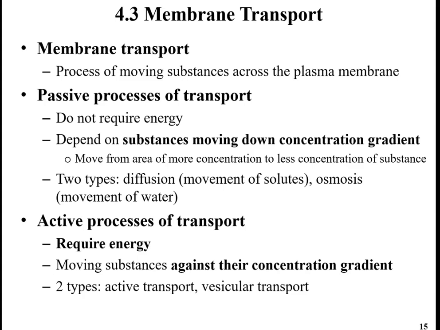There's diffusion, which is the movement of solutes, and then there's osmosis, which is the movement of water. And then there's active processes of transport, which require energy, and this will be moving substances against their concentration gradient. And there's two types of active processes: active transport and vesicular transport.